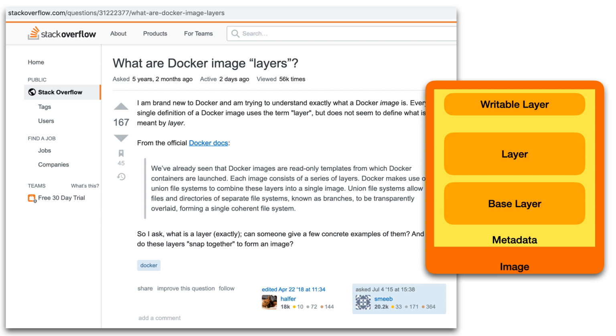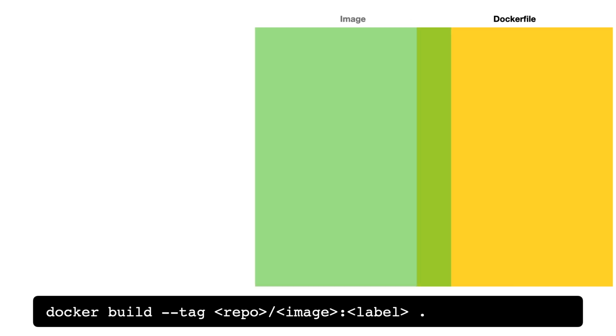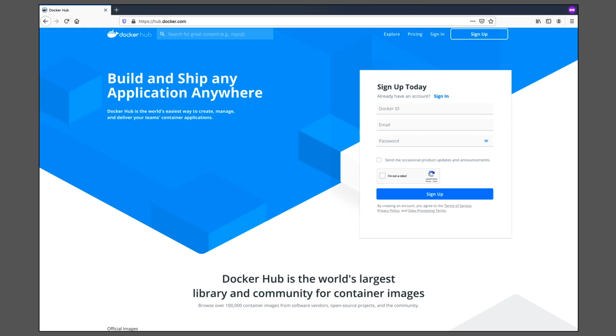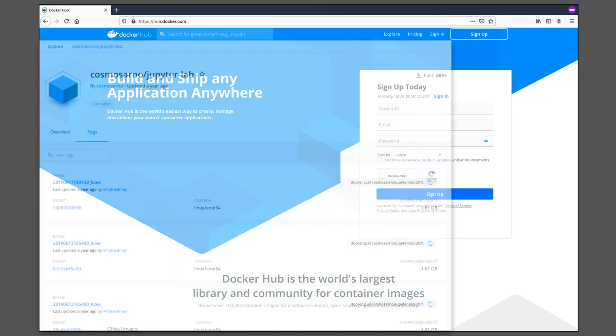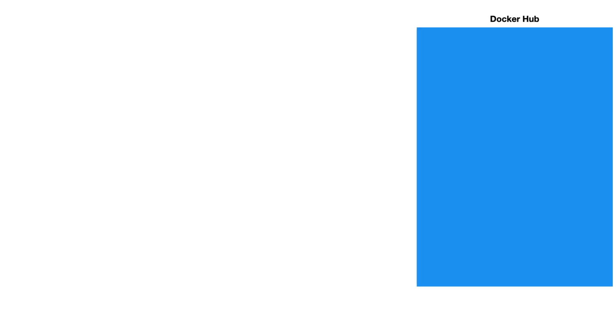You can overlay the layers, thereby adding new parts of the environment, vital for a growing application. And you can produce your image from a Dockerfile. But a Dockerfile is not the single place where you can get a new image from. There is Docker Hub, where you can publish your own images or download foreign images such as JupyterLab or PyTorch with CUDA.